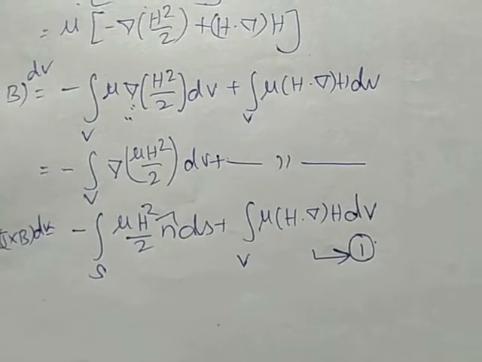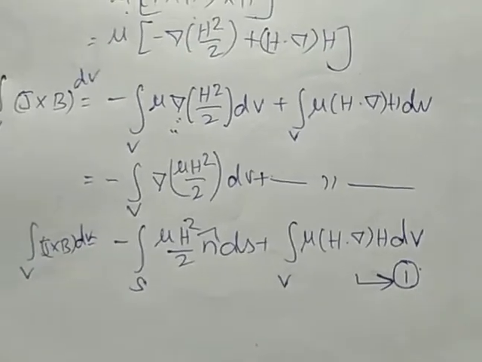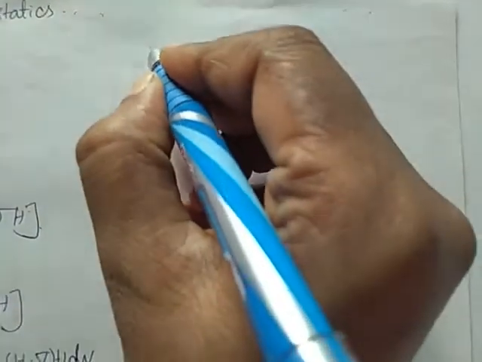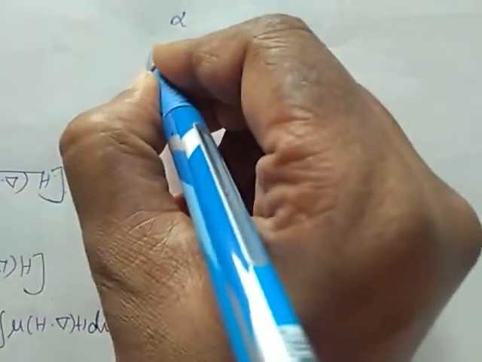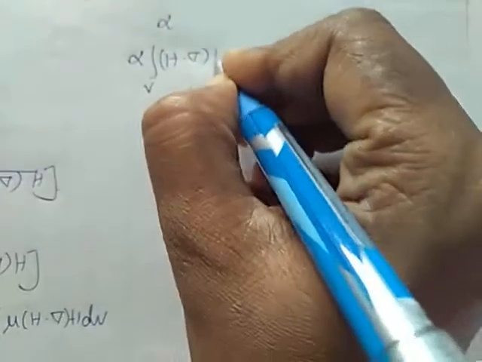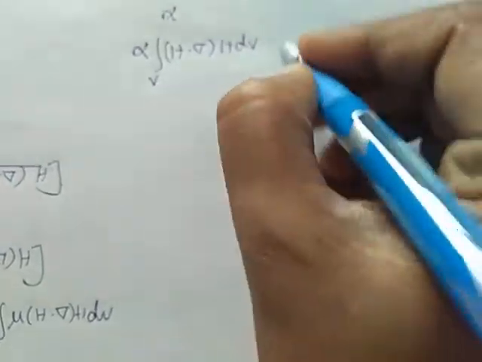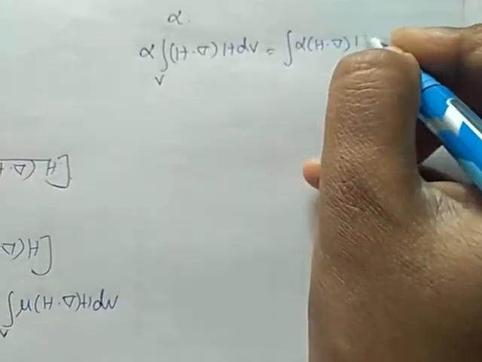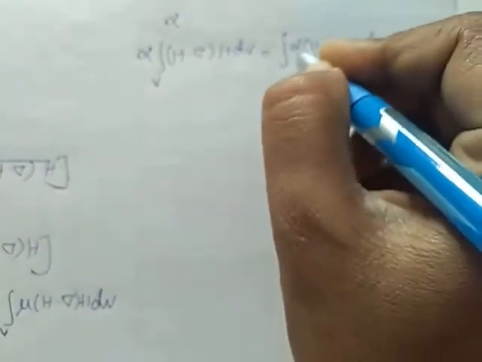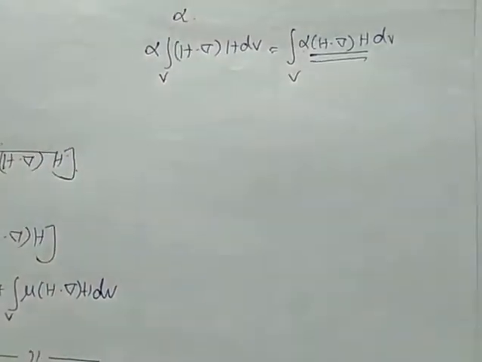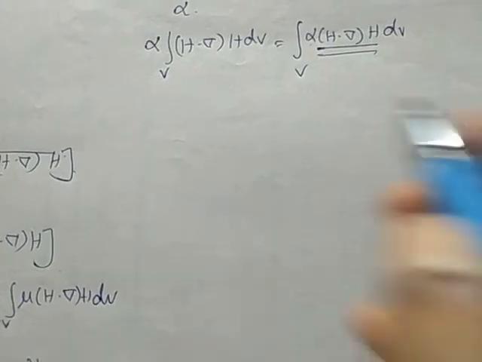Now I am going to consider some non-zero constant alpha. For this alpha we have the integral over V of alpha H dot del H dV. We can write this as the integral of alpha H dot del H dV, because alpha is just a constant. To find this value, I am going to use a vector identity again.